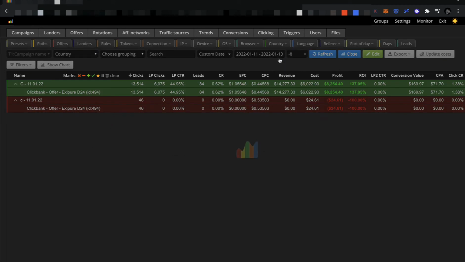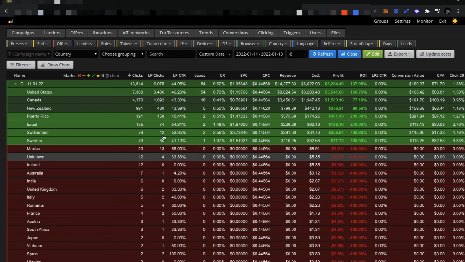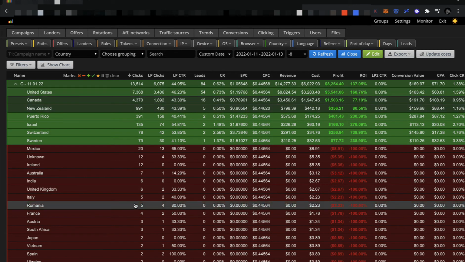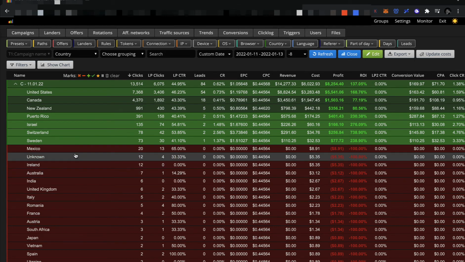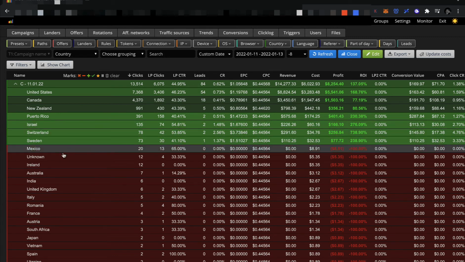Now, one thing I'm looking at is country. Can I cut away any of these countries? And I'm thinking, Jesus Christ, there's some insane stats here. We've already whittled down the countries, as you can probably tell. I don't just think, oh, I know, I'll target Israel and Switzerland and Sweden. This has come from testing, and although the bulk of the traffic is going elsewhere, these countries convert extremely well for us.